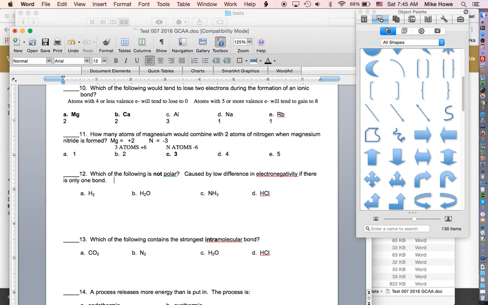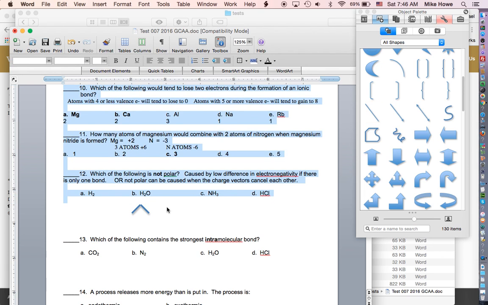Okay, the other thing that can cause not polar is when the charge vectors cancel. In this case, I don't know if I can do this or not, but we'll try. So water is going to have this kind of shape, like that.